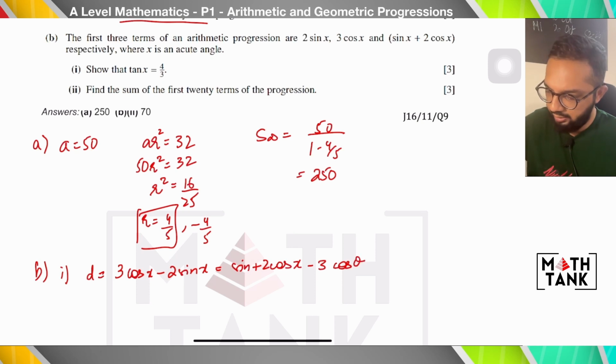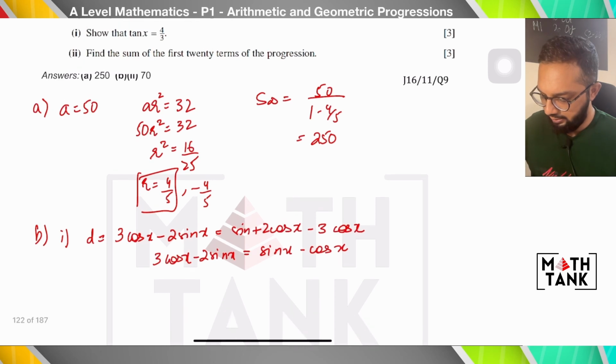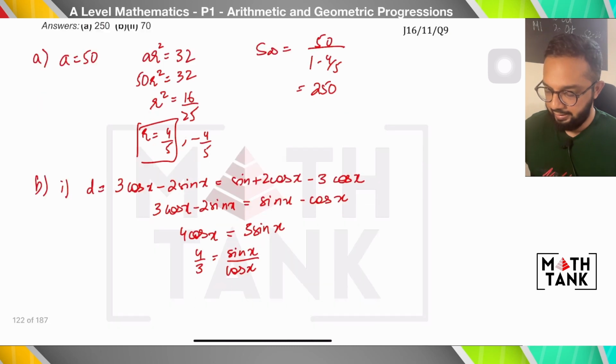What I get, by subtracting things together, is 3 cos x minus 2 sin x and sin x minus cos x. Gathering all the sin x terms and cos x terms, I get 4 cos x equals 3 sin x. And that gives me 4 over 3 equals sin x over cos x, which is basically tan x.